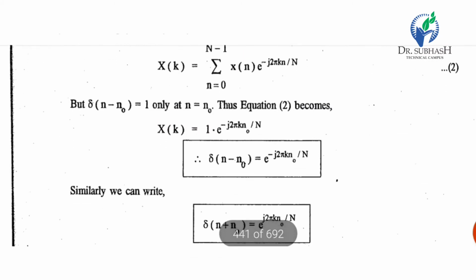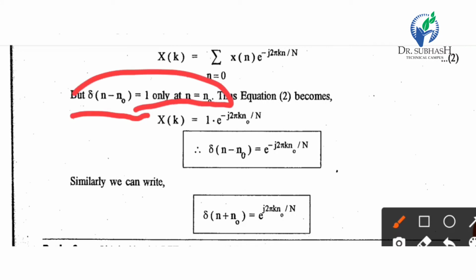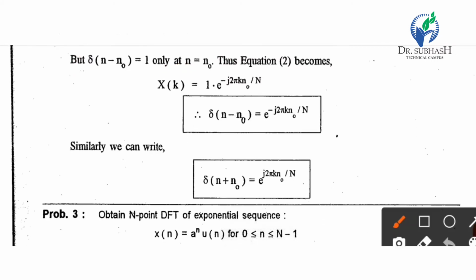In this equation, we will put delta n minus n0 equal to 1 only at n equal to n0. So this equation becomes x of k equal to 1 multiplied by e raised to minus j2 pi k n0 upon capital N. So the DFT of delta n minus n0 is e raised to minus j2 pi k n0 upon capital N.